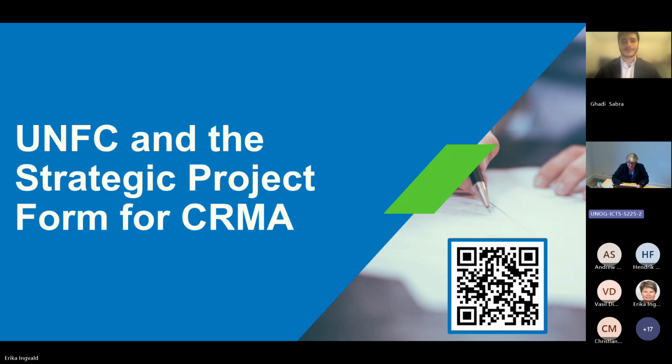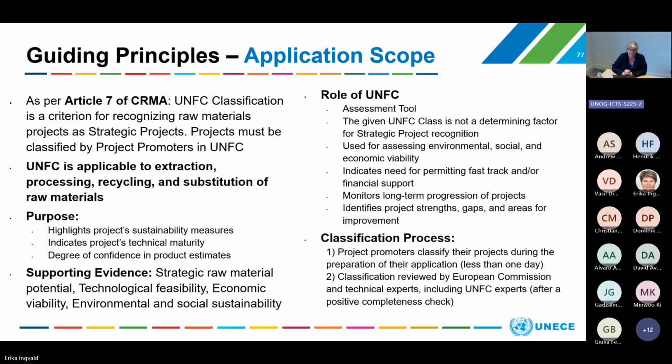Thank you, Gadi. And I'm going to talk a little bit about the connection between the classification and the CRMA application form. Just to get you started, it's Article 7 of the Critical Raw Materials Act that is one of the 4 provisions for UNFC in the Act.